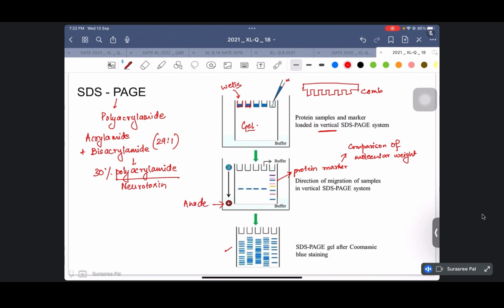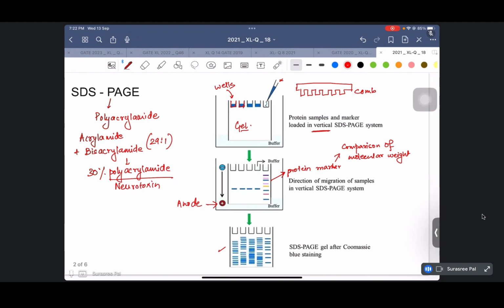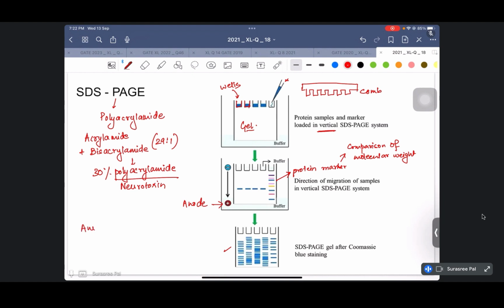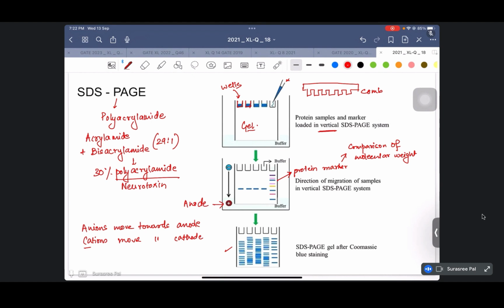How do we remember that anode is positive and cathode is negative? I usually use this method: anions move towards the anode, and cations move towards the cathode. Since cations move towards the cathode, the cathode should be negative, and anions moving towards the anode means the anode should be positive.